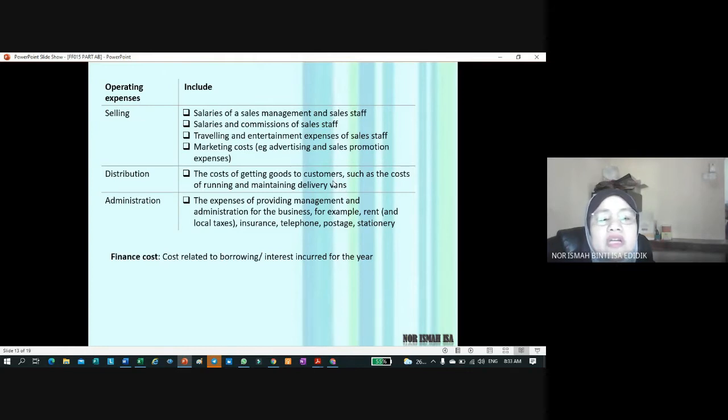So distribution cost means transportation cost, which is the cost to transfer goods to the customer. Satu lagi transportation cost, kita beli barang, that one is inward, siapa tak nama tu. Nanti saya check balik lah. Kita tak sebut nama. Transportation cost, that one memang untuk customer.